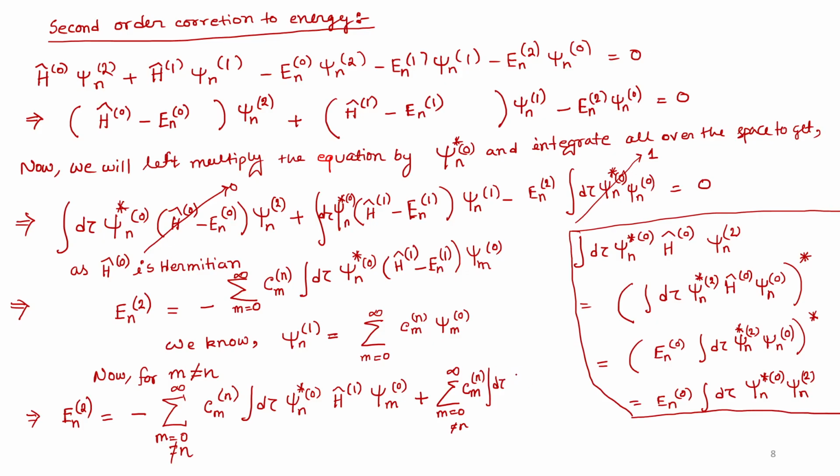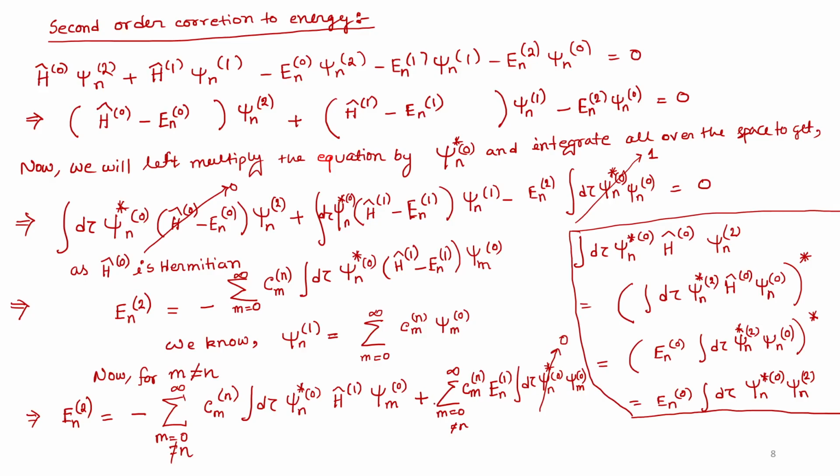D tau, psi n. I wanted to write the constant E_n outside, then d tau psi n zeroth and psi m zeroth. Now you see m not equals to n does have a role to play here, and what will happen is that it is going to be 0.